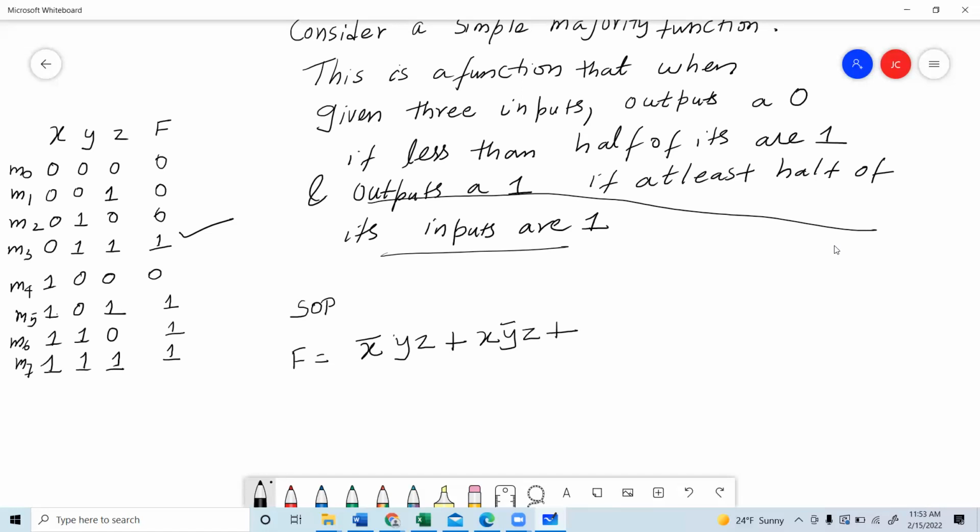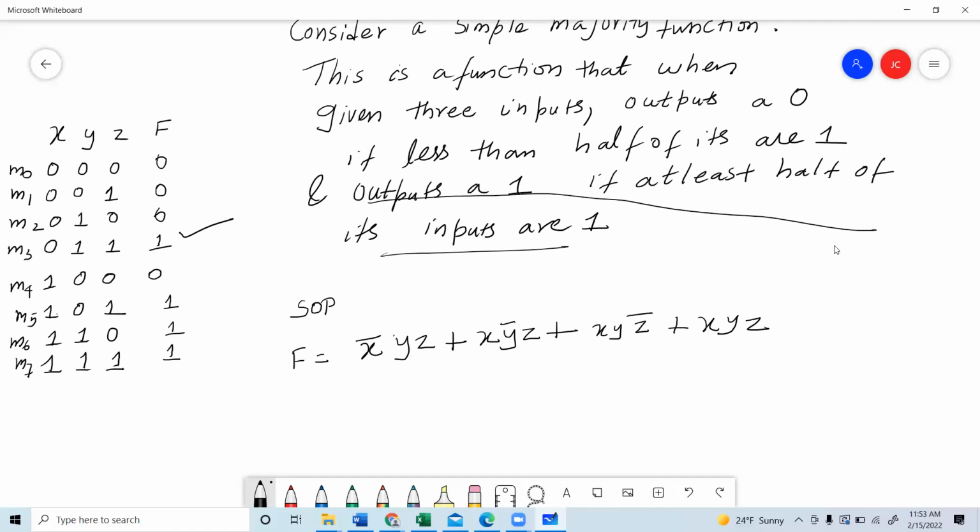Again, here X is 1, Y is 1, and Z is 0, the output is 1. And finally, X, Y, Z are all 1, and the output is 1. So this is the resultant Boolean expression that you got. But again, as I said, this is not the complete circuit. So this is going to be what?